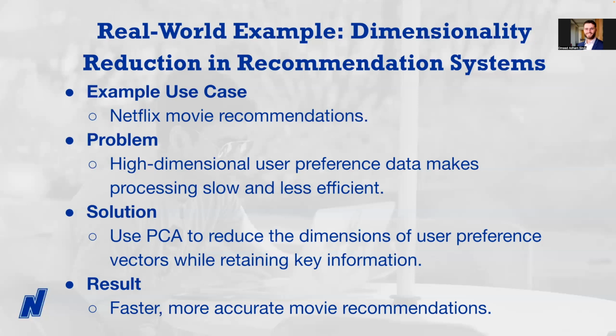The recommendation system becomes faster and, importantly, more accurate because it can focus on the most important features of user behavior without being overwhelmed by too many irrelevant data points. This same approach is used in many other recommendation systems, from Amazon's product suggestions to Spotify's playlist recommendations.